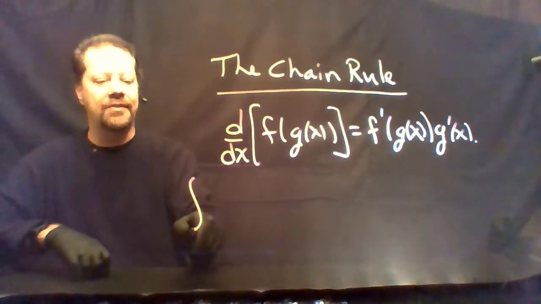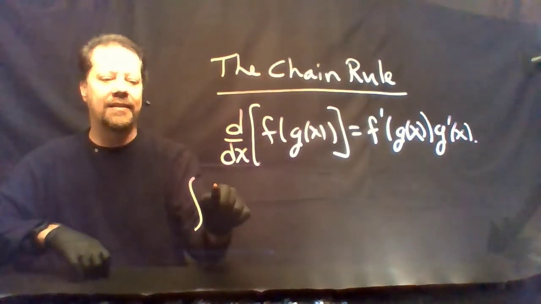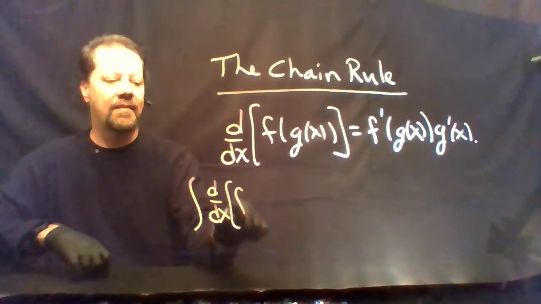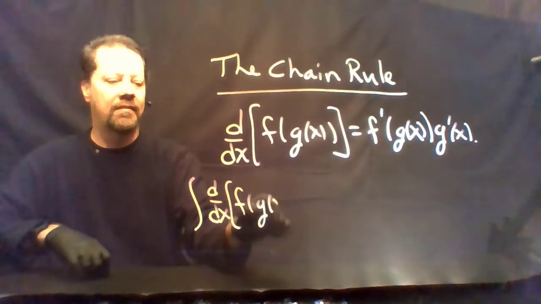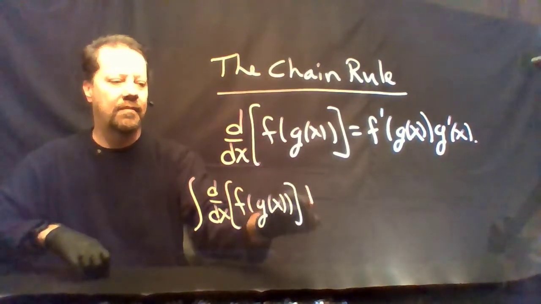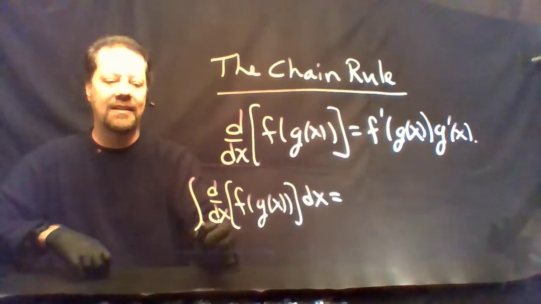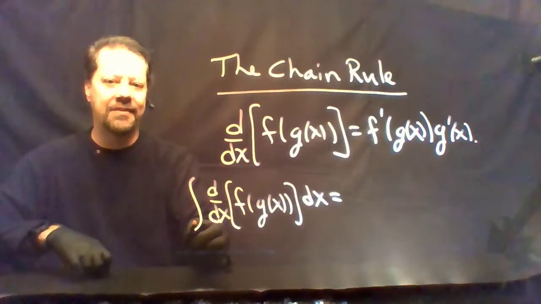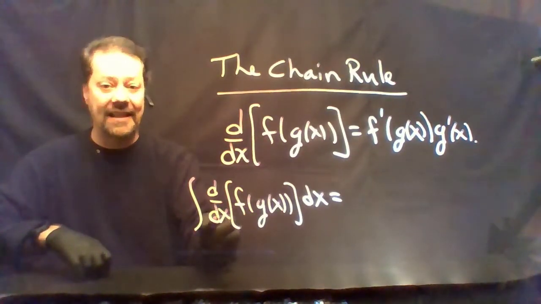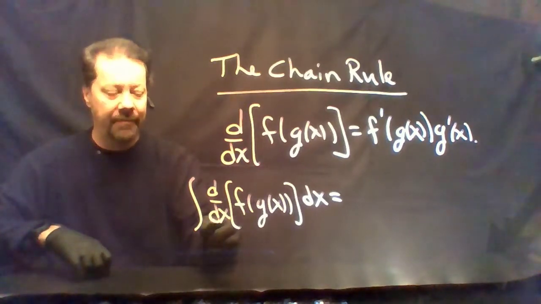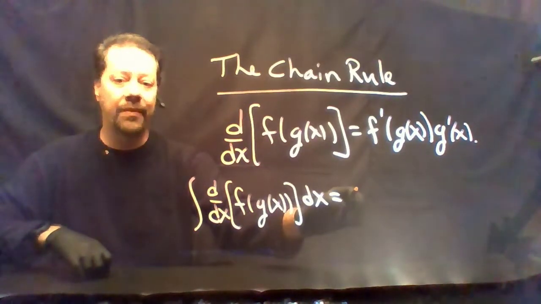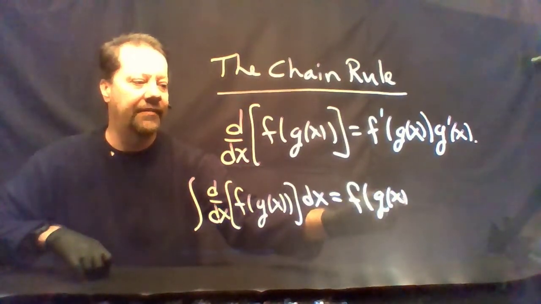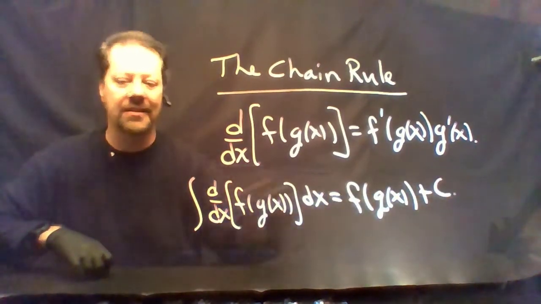It follows then that if we integrate this derivative, since the integral is the class of antiderivatives, and an antiderivative of a derivative is just the original function to within a constant, we get f of g of x plus c.